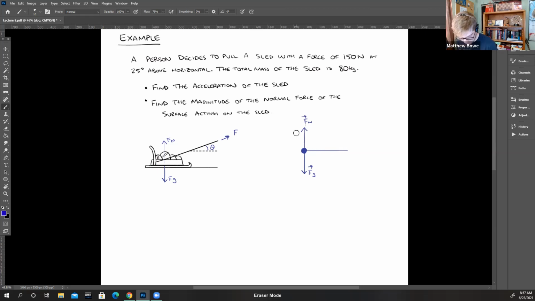I'm going to make this a dotted line. And it's being pulled at some angle like that.